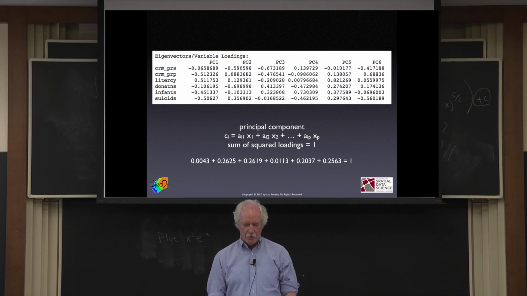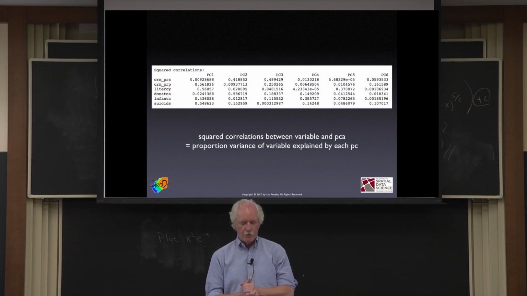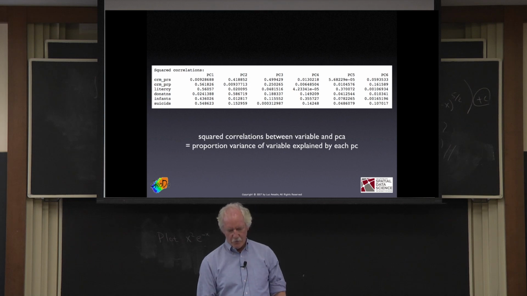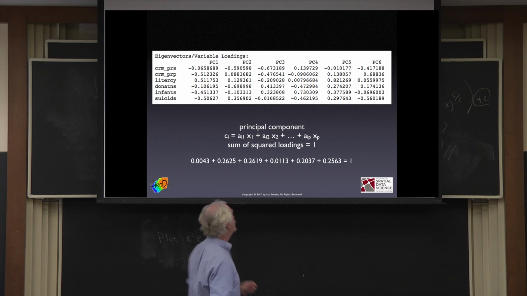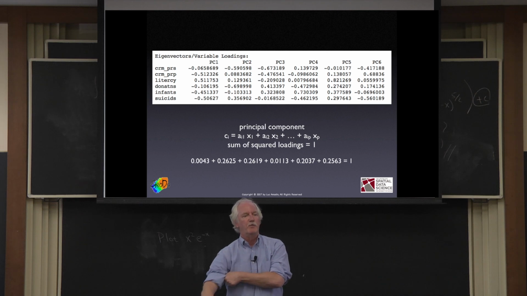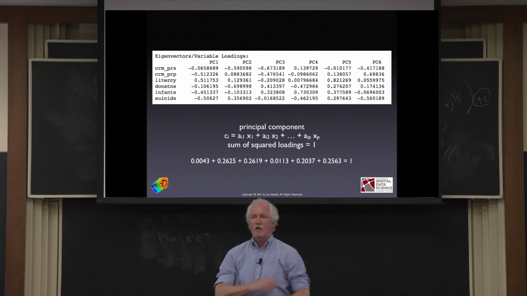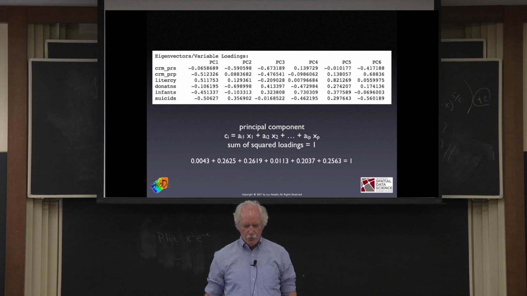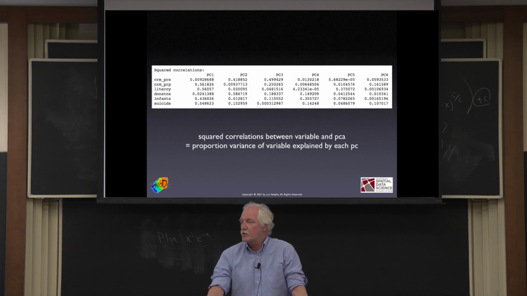And then the last thing we can do is figure out, I mean, you might think that by looking at these coefficients, you can figure out what is the contribution of each dimension to the principal component. And you sort of can, but it's much better to compute the actual correlation between the original variable and the new variable, the principal component.